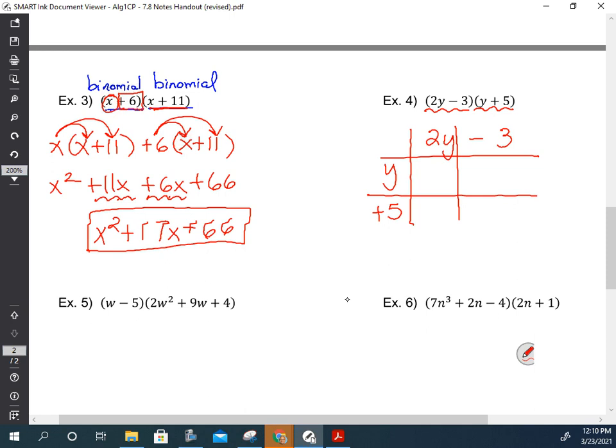So I should have 1, 2, 3, 4 boxes. 4 boxes to work with. But now we multiply it like a multiplication table. So y times 2y should give me what? 2y squared.